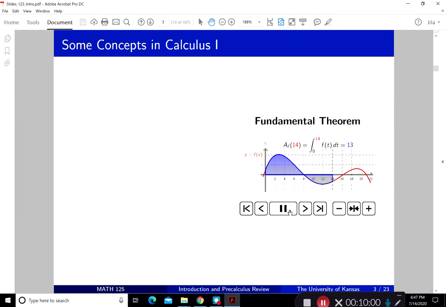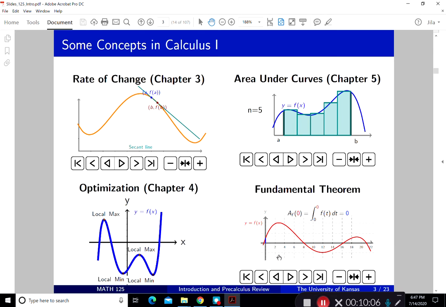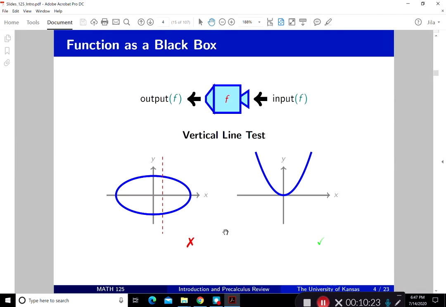That is another part that is of interest to us. These are some of the concepts that are interesting in each chapter, and they explain what each chapter is going to be about.